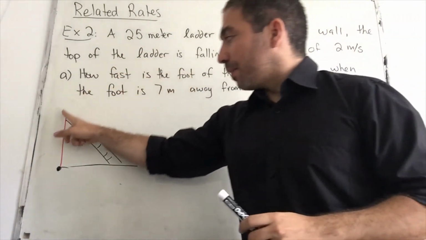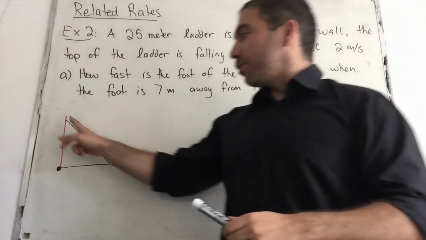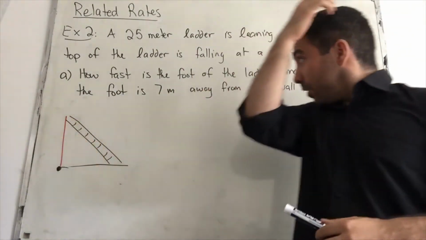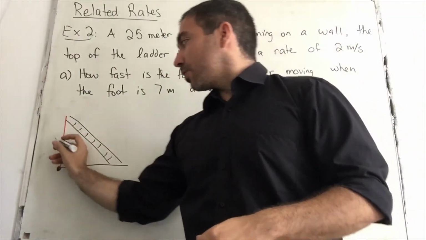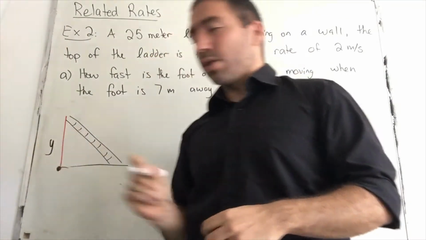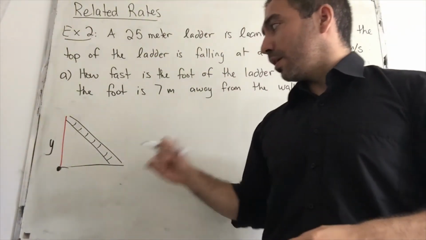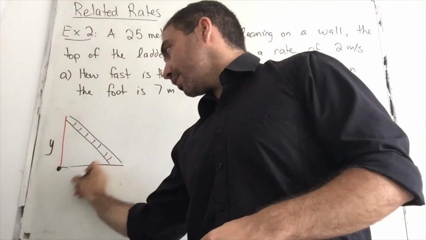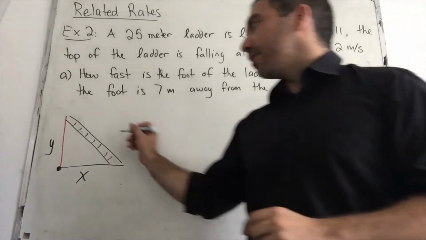So the shape that you should see that we're working with is a triangle. The left side of the wall is vertical, so I'm going to call it Y. You could call it whatever parameter you want. The base is a horizontal distance, so I'm going to call it X. And I'm going to call the length of the ladder, let's say Z.